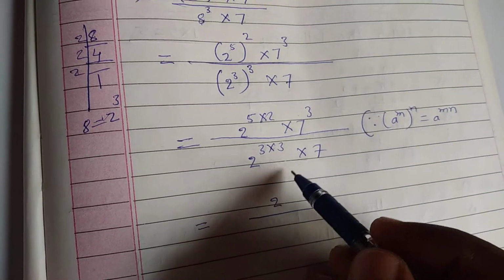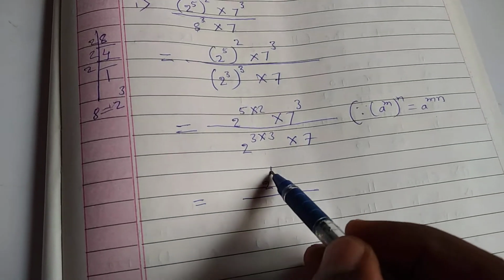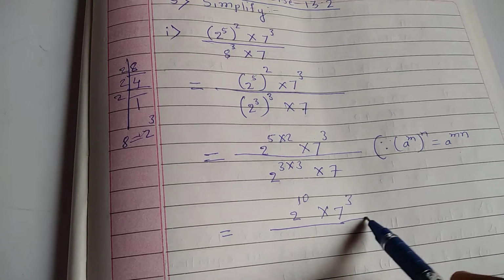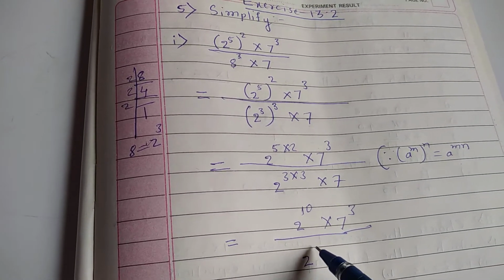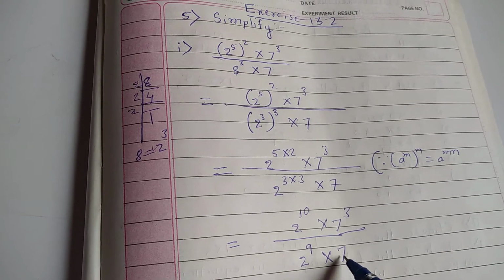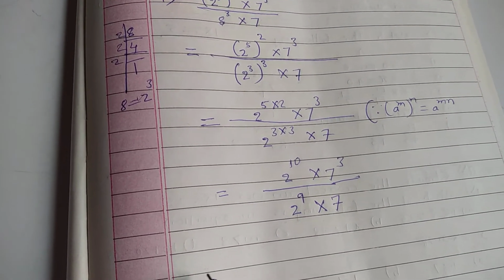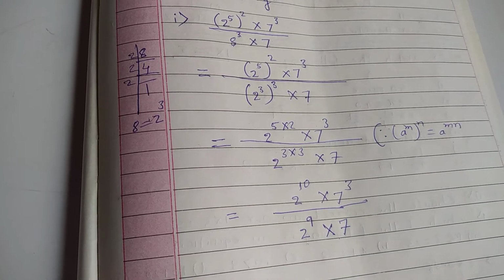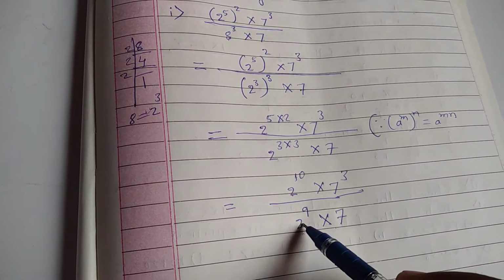Okay, so the next step is that 2 raised to 10, and this one 7 raised to 3, and this one 2 raised to 3 3s are 9, and this 7 as it is. The next step is that here the bases are the same, here also the bases are the same. a raised to m divided by a raised to n.